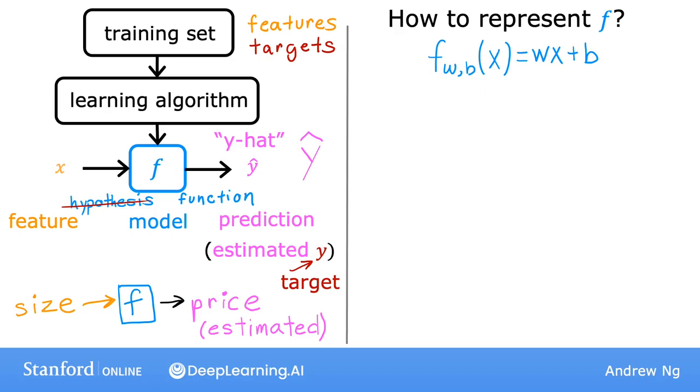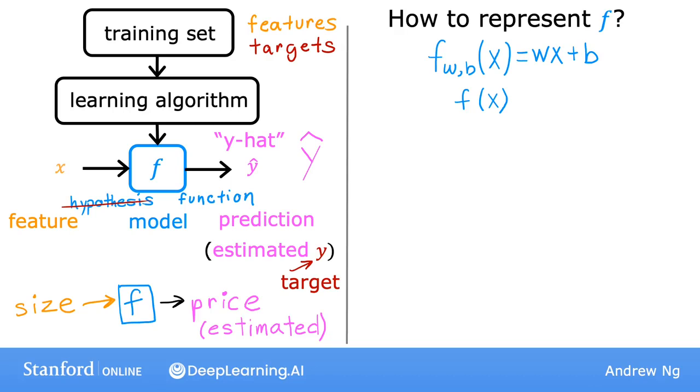So this f_w,b of x means f is a function that takes x as input, and depending on the values of w and b, f will output some value of a prediction y hat. As an alternative to writing this f_w,b of x, I'll sometimes just write f of x without explicitly including w and b in the subscript. It's just a simpler notation, but means exactly the same thing as f_w,b of x.